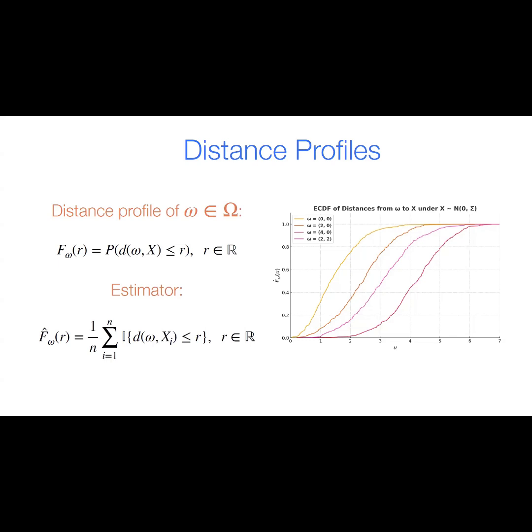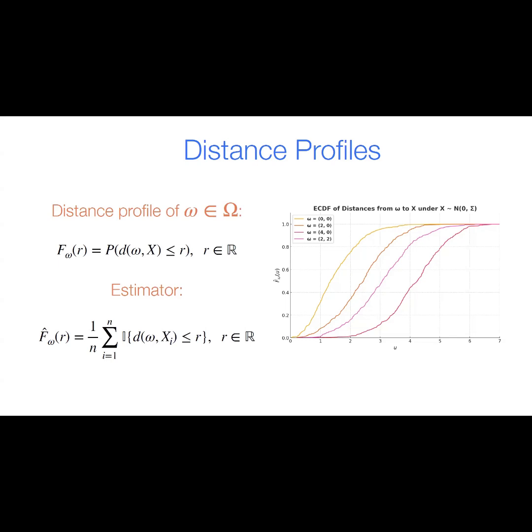So just a toy example. Here is a very simple example that we all can identify with, just the bivariate normal distribution. And I've taken 4 points, which are our potential candidates for omega. So here is (0, 0), and then (2, 0), (4, 0), and (2, 2). Now, if you look at the distance profile of (0, 0), you can see that more mass is on smaller numbers.